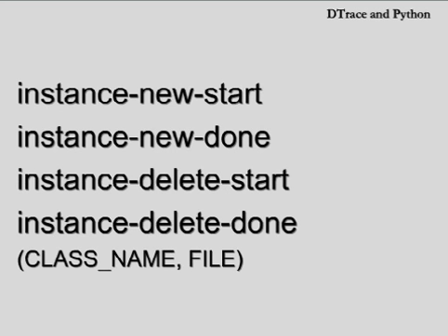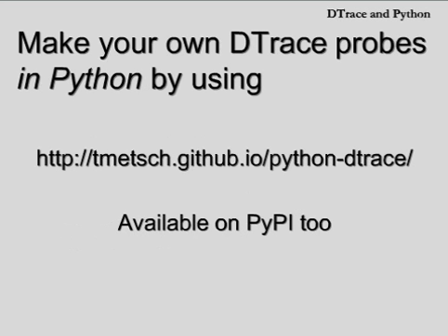One really neat thing that is pretty recent is this. You can actually create your own Python probes using DTrace written in Python by checking out this particular project on GitHub, Python DTrace. It's also on PyPI, and you can just pip install this if you like. The documentation for it is a little rough right now.